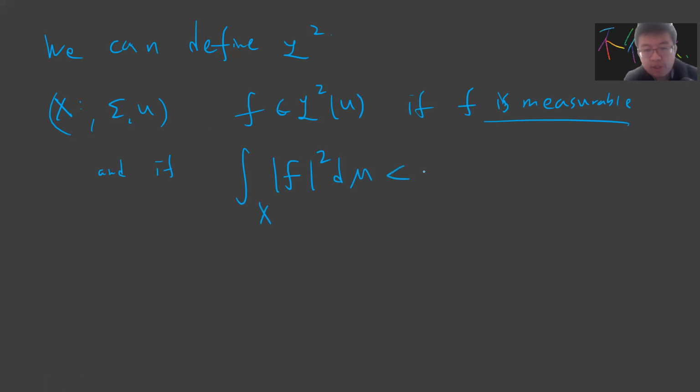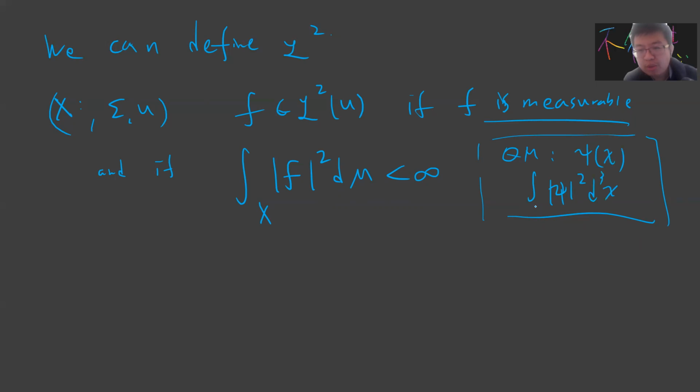on X is finite. If you are familiar with quantum mechanics, then you know that a wave function is usually normalizable. If you work in the real numbers, say in 3 dimensions, the integral could be infinity. So in quantum mechanics, the wave function is usually defined to be some function in L2 space.